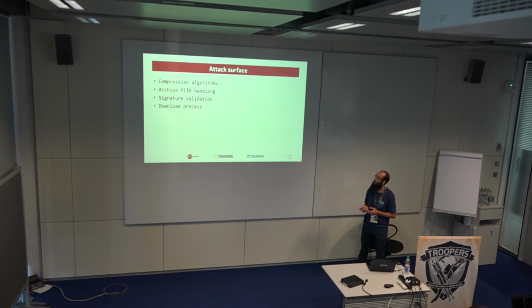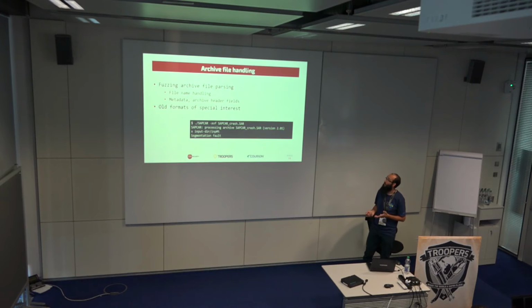So that's something really interesting. Another portion of the attack surface is the download process, what the user uses for downloading these files. This is also really important and is within the attack surface of this topic.